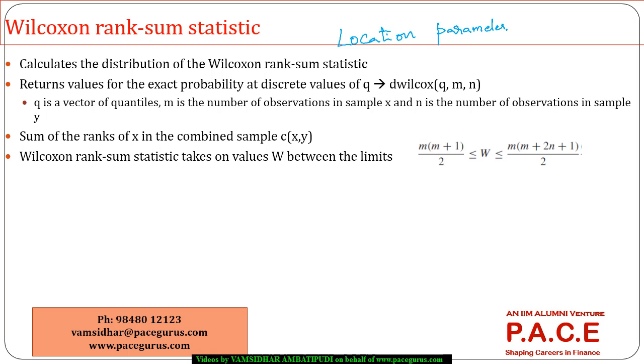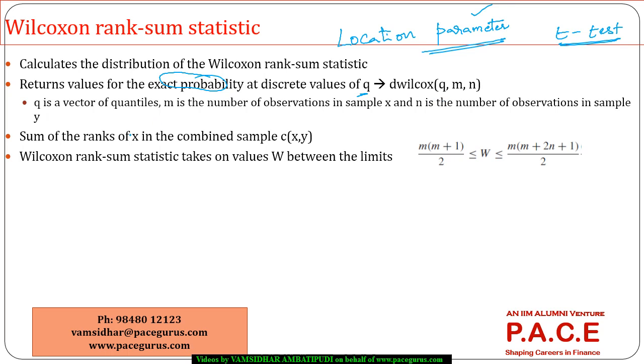If the data is closer to normal, then I could have used a t-test. But wherever I can't use a t-test, I have to depend on the Wilcoxon rank sum test itself. So it is the discrete equivalent of the t-distribution, which is used in a lot of applications. It returns the exact probability at discrete values of q.